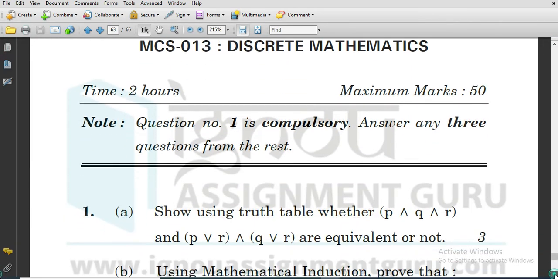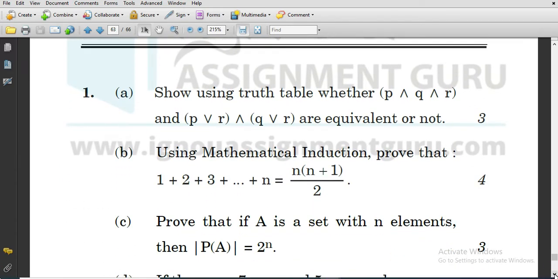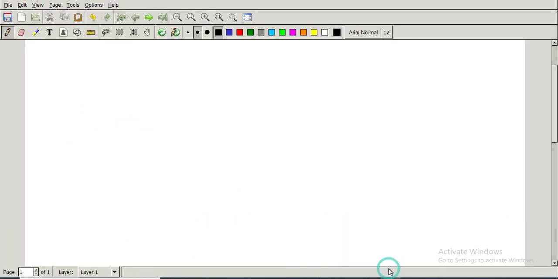Okay, so let us start with the first question. The first question is based on the truth tables of conjunction and disjunction.